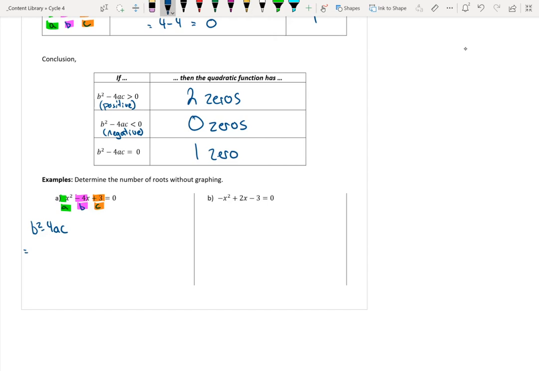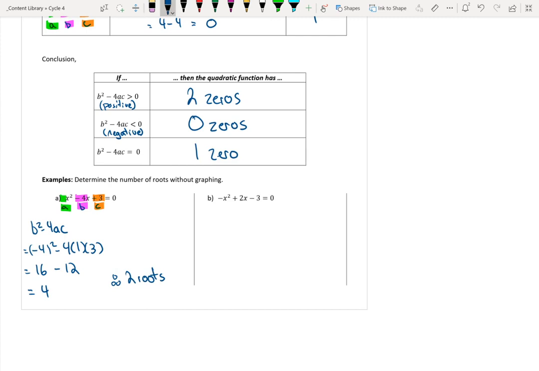So my b is negative 4, so negative 4 squared minus 4 times 1 times 3. I get 16 minus 12, which gives me 4. So because I have a positive value, that means there are 2 roots, or 2 zeros, or 2 x-intercepts.